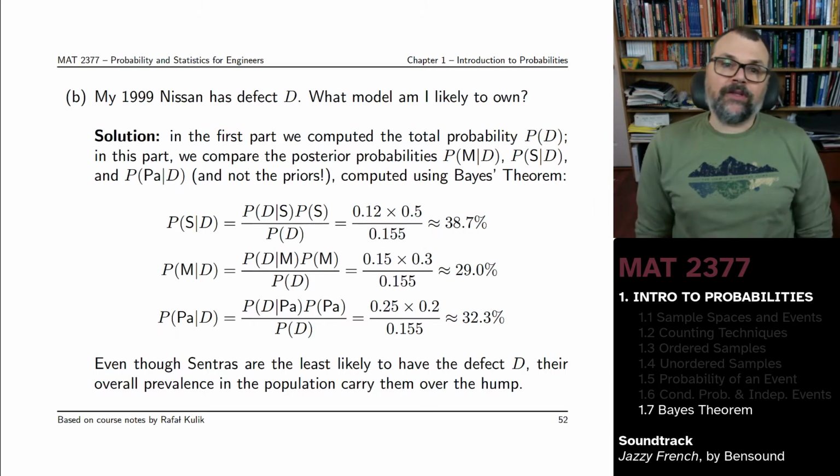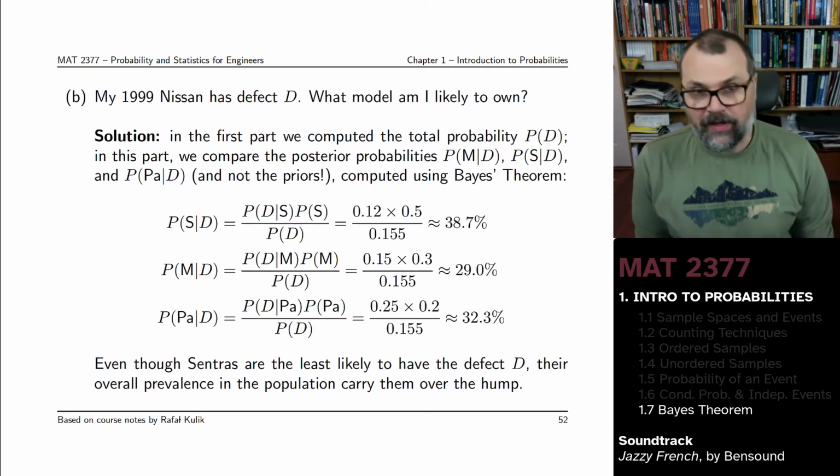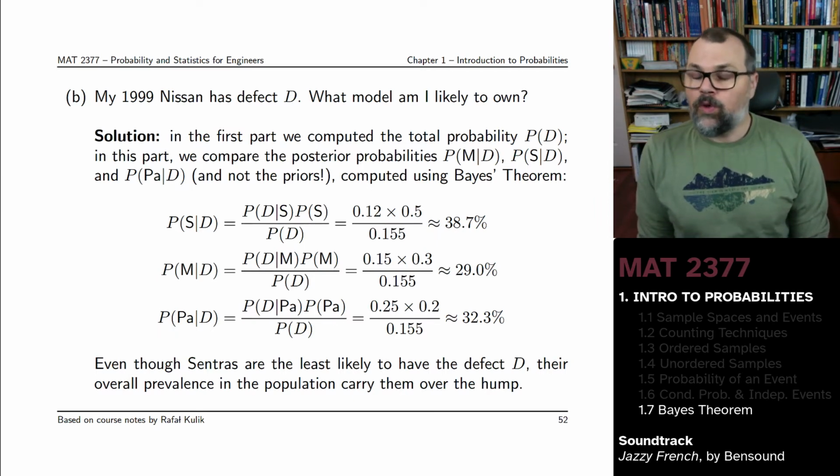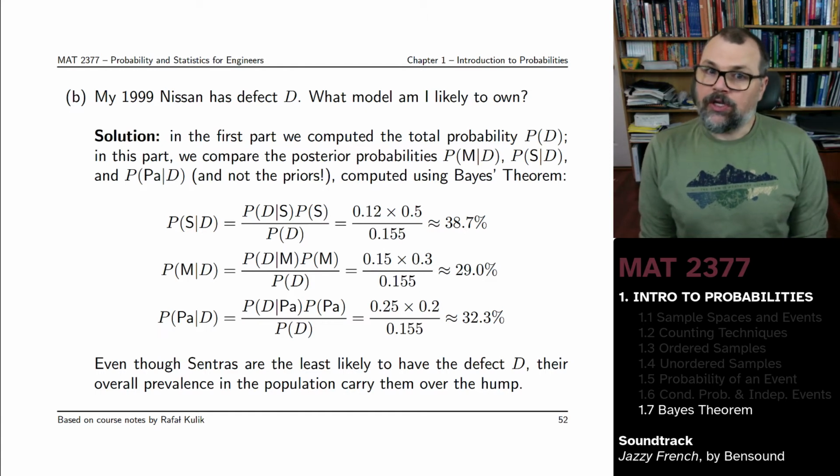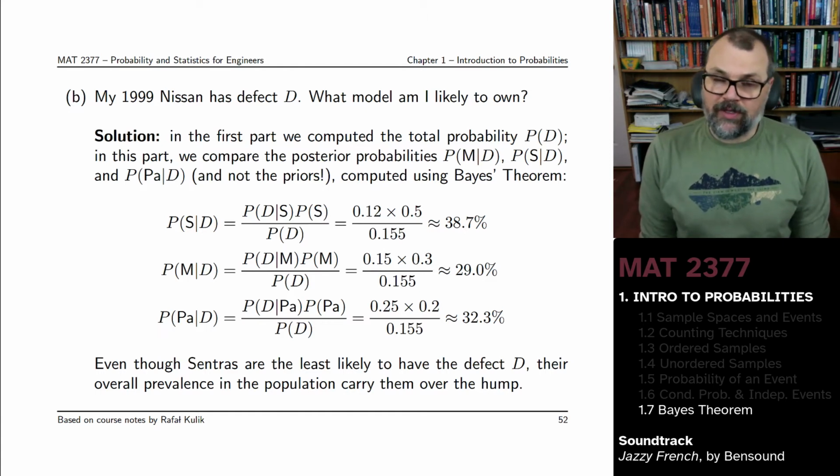Now let's assume that the Nissan that you have has a defect. Which model are you most likely to own? In the first part, you computed the total probability, the denominator in Bayes' theorem, the probability of the defect. Here, you're going to compare the posterior probabilities.